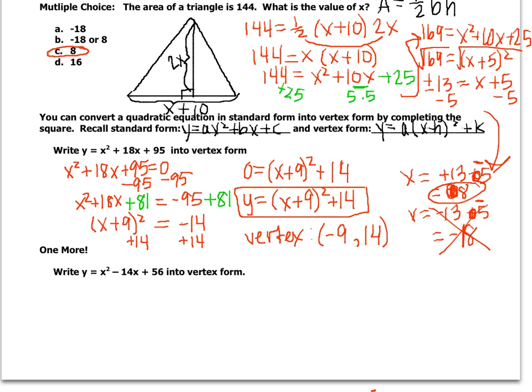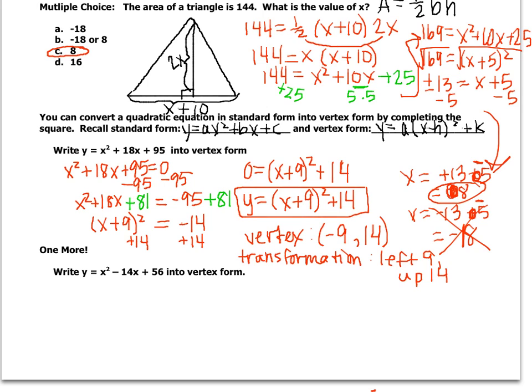The vertex, the bottom of the V of our parabola, moved to the left 9 and up 14. So our transformation we would say: left 9 and then up 14. There's our transformation.